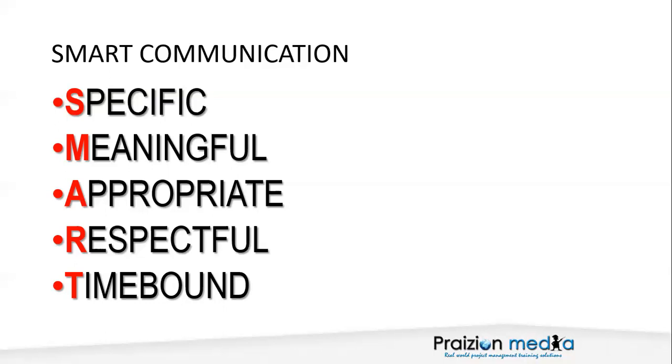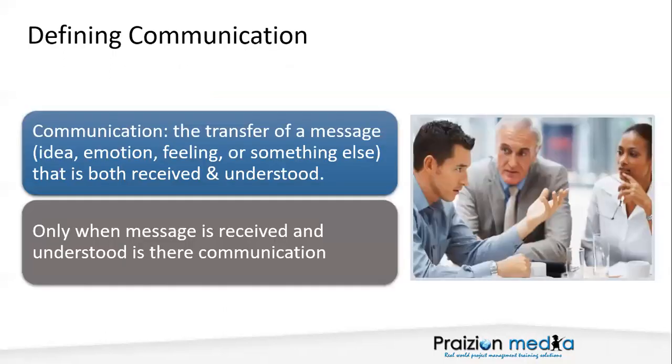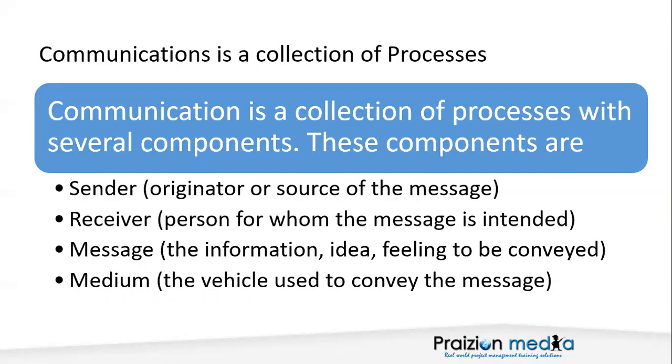Now let's talk about communications basics. Communication is a transfer of a message, an idea, emotion, feeling, or something else that is both received and understood. Only when the message is received and understood is there truly communication. Now, all manner of communication follows this model I'm about to show you.